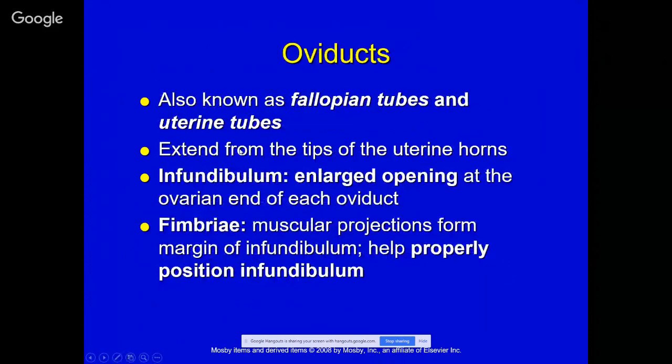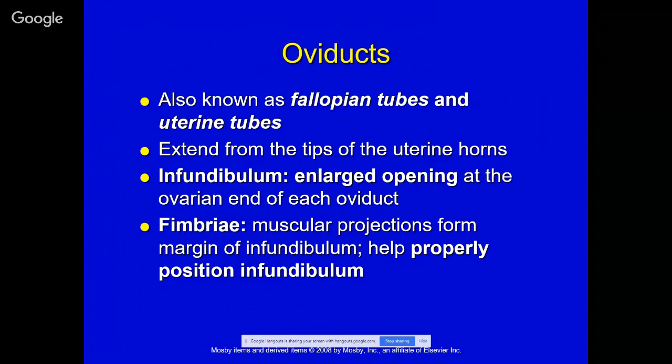Oviducts are also known as fallopian tubes and uterine tubes. They extend from the tips of the uterine horns, and the infundibulum, the end of it, is an enlarged opening, kind of like a funnel, at the ovarian end of each oviduct. Fimbriae are muscular projections that form margins of the infundibulum.